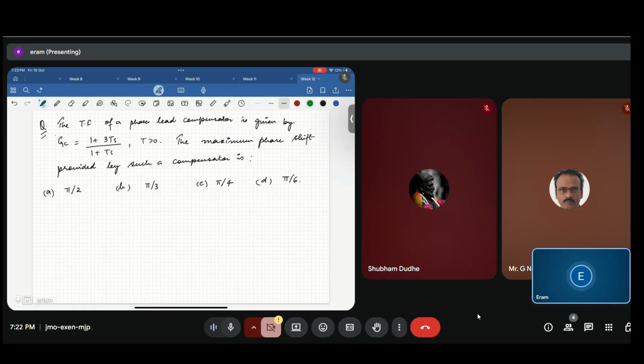So you have been given the transfer function of a lead compensator. Calculate the maximum phase shift.